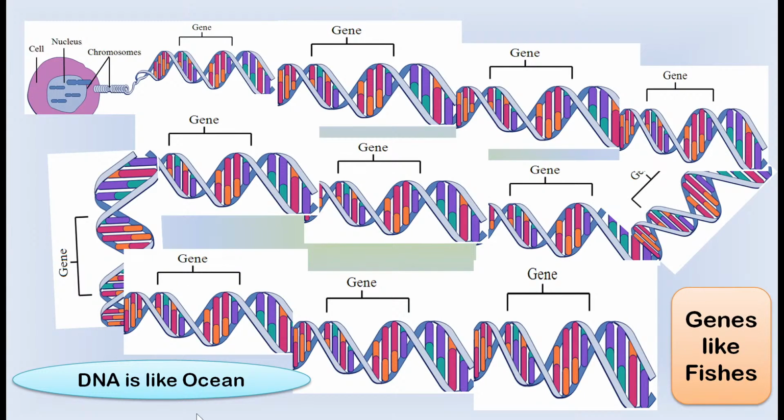Not all of the DNA is considered as genes; only a few regions are considered genes, and these give characters to the organism. So if you take the whole DNA as an ocean, the genes are like fishes.